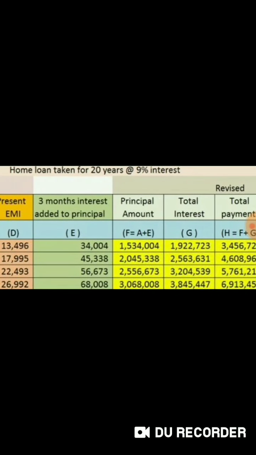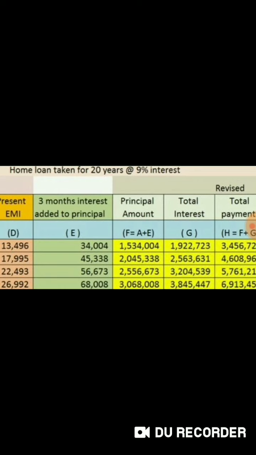Suppose the interest calculated for the 3 months at 9% is 34,000, and that is added to your principal. Now your principal is 15 lakh 34,000. So there is an increase of principal because you are not paying the interest for the moratorium period of 3 months.